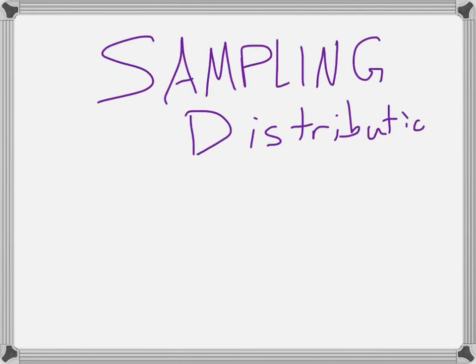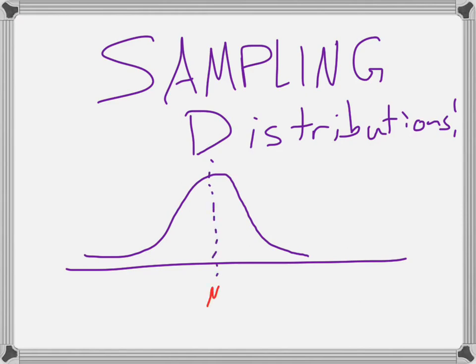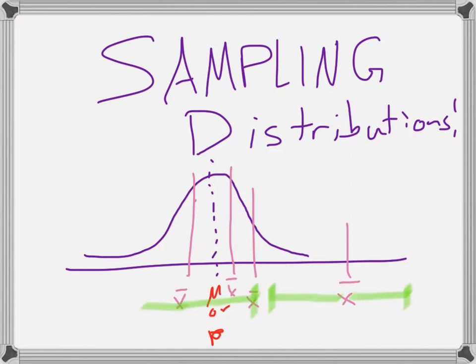So remember how a sampling distribution works. We have some center that's centered around the mean, and then we sample from that sampling distribution. One sample might produce an X bar here. Another sample might produce an X bar there, or an X bar there. Most of these should be close to the true average, except every once in a while we're going to have an average that's way out.